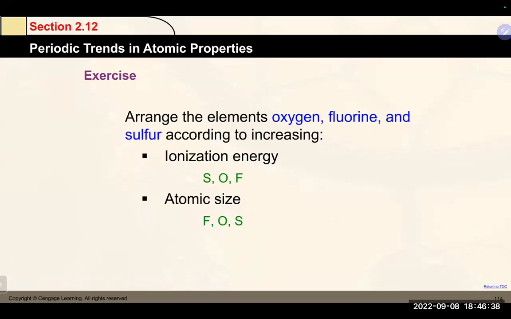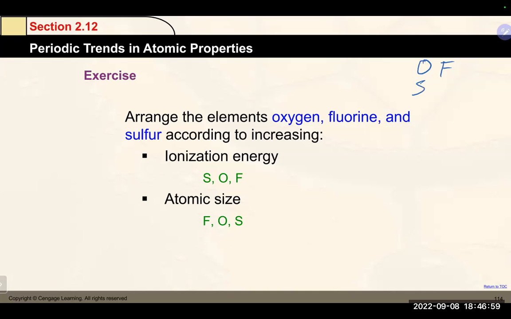All right, arrange these in order of increasing ionization energy: oxygen, fluorine, and sulfur, which I think is the answer we have up there. So let's take a look at it. We have location on the periodic table. We have oxygen, fluorine, and then sulfur is right there below it.